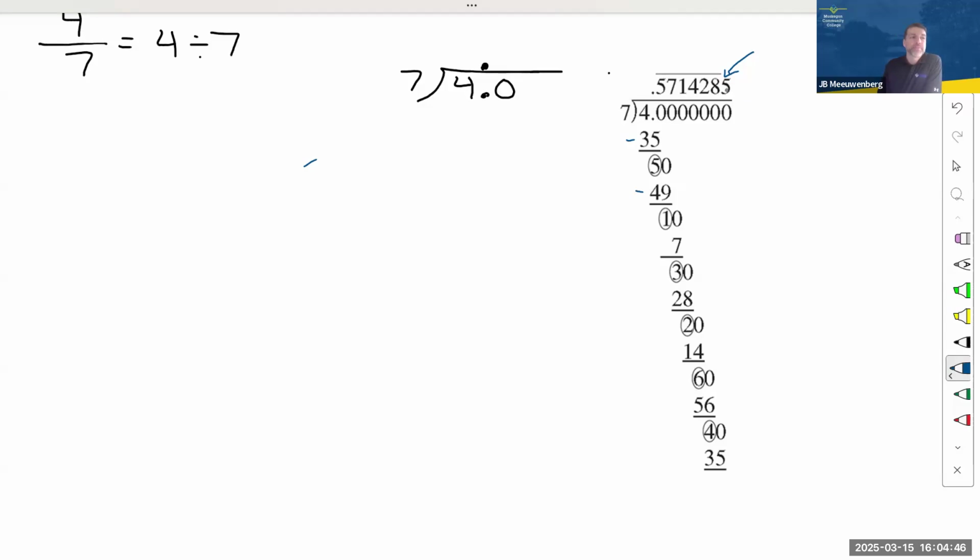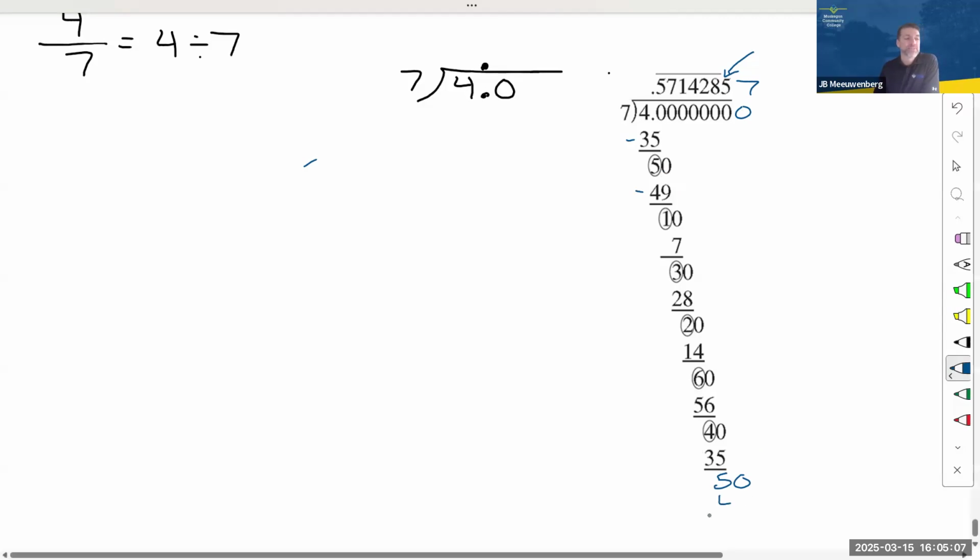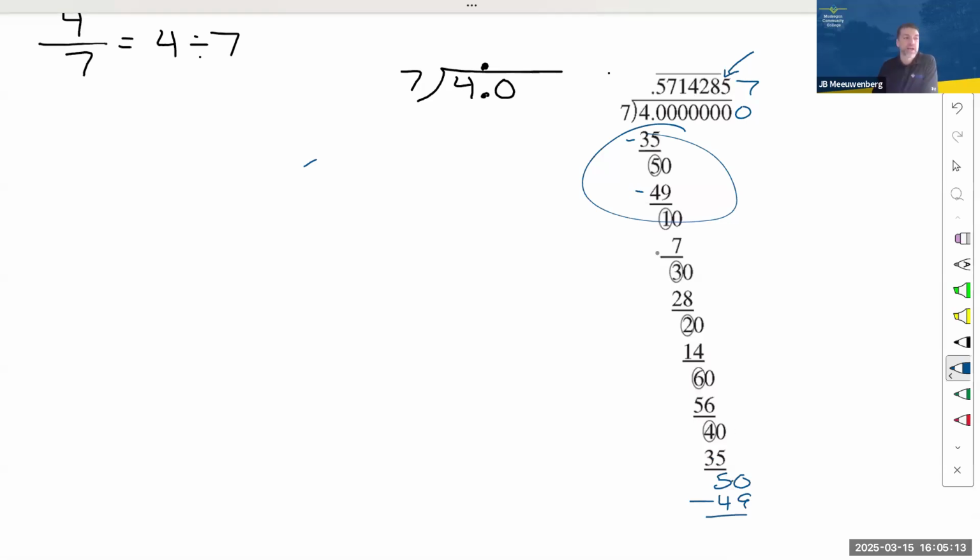And what's going to happen now is if we multiply 5 by 7 and get 35, and subtract, we get a 5, bring down another 0, we get 50, 7 goes into 50 7 times. Well, we've already seen that play out, right? We already saw 7 times 7 is 49. We already saw that right here: 35, 50, 49, 35, 50, 49.